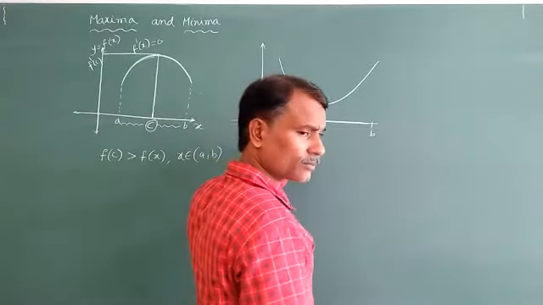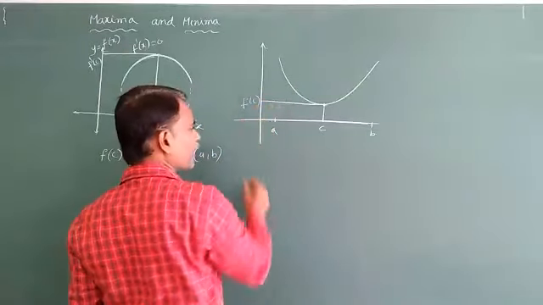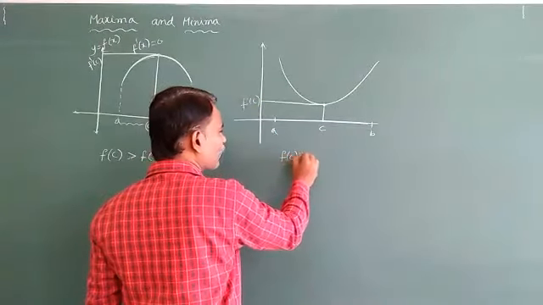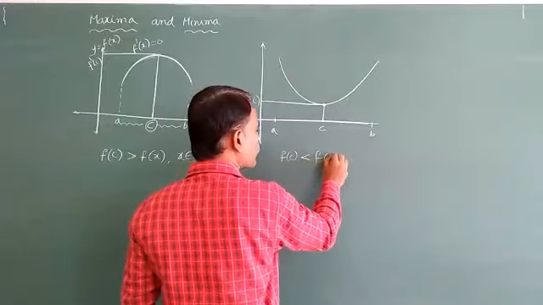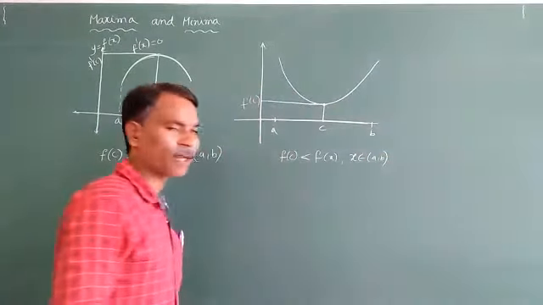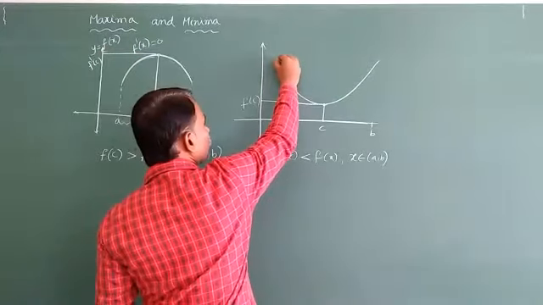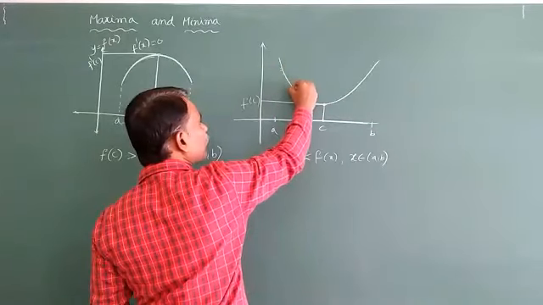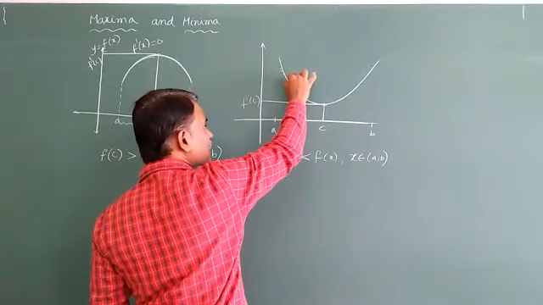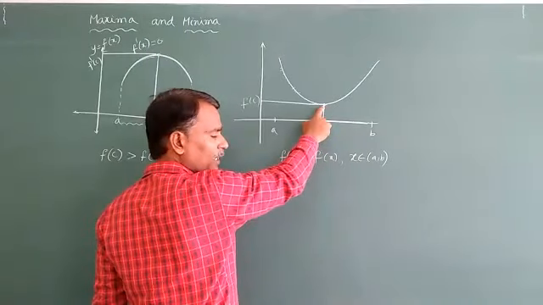And here, if it comes here, this condition you will get: f of c is less than f of x, where x belongs to a comma b. Then observe, guys, whatever values we are considering for f of x, definitely these values are greater than f of c only.